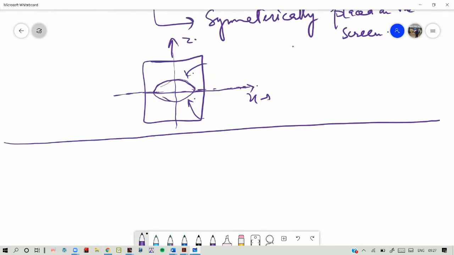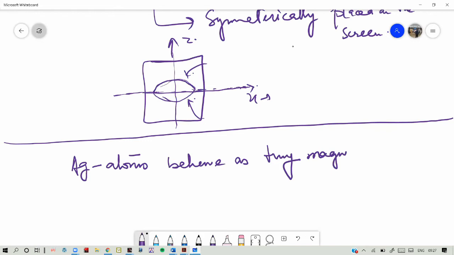This was the setup and this is how they interpreted the result. We know that whenever we keep a beam of charged particles in a magnetic field, there's a deflecting force, which depends on the orientation of the magnetic field. And we know that these silver atoms behave as tiny magnets.